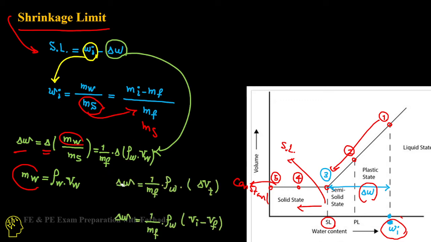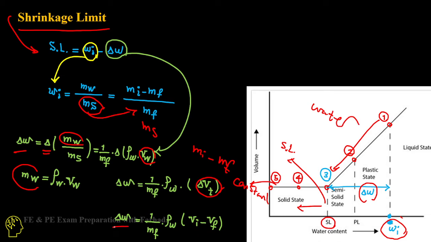If you rewrite the equation, it gives you delta W, change in water content, is 1 over final mass times rho w, because that's constant, times delta volume of total. And that's V initial minus V final. The amount of water we lose is delta volume total, initial minus final, and the only thing being removed is the water content.